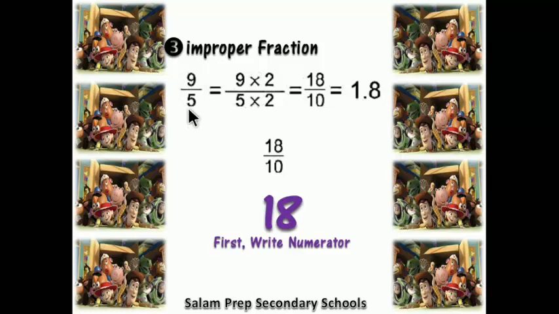This is an improper fraction, okay? We need to convert the 5 in the denominator to 10. So 5 times 2 equals 10, and 9 times 2 equals 18. Now our improper fraction is 18/10.